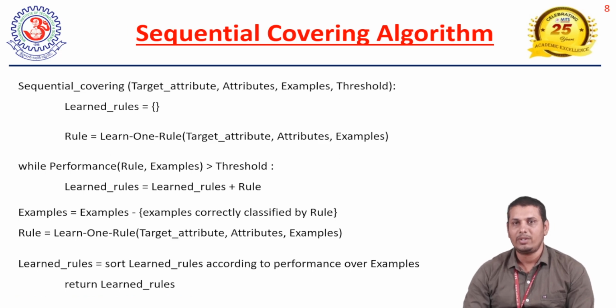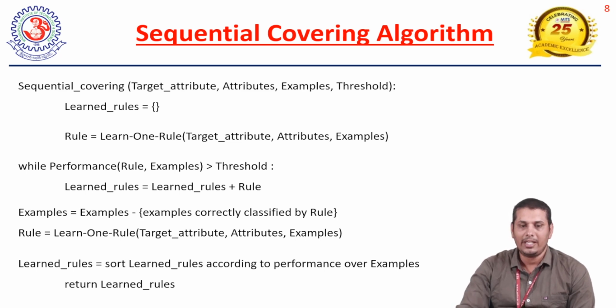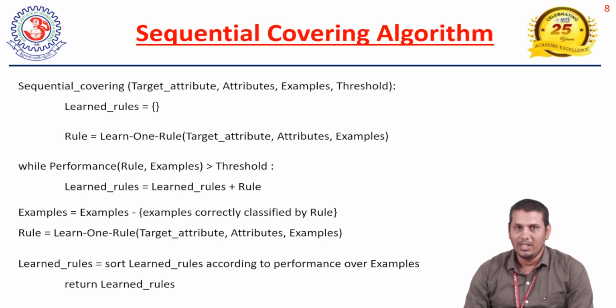So how does your sequential algorithm work? Let me consider, first, a sequential covering. Here we can see the attributes: target attribute, attributes, examples, and threshold. Until I deploy the first implementation, that is, until I get the first output or solution, the threshold value will always reside at 0.